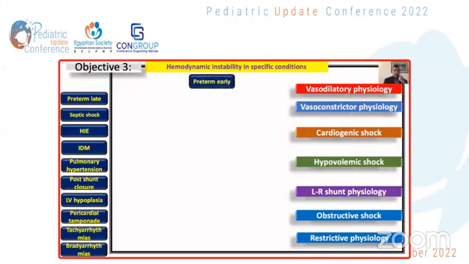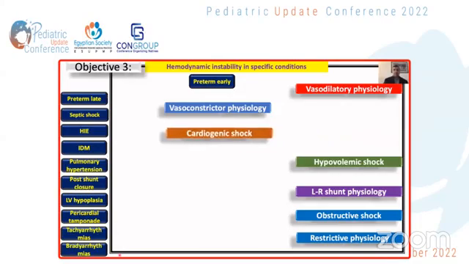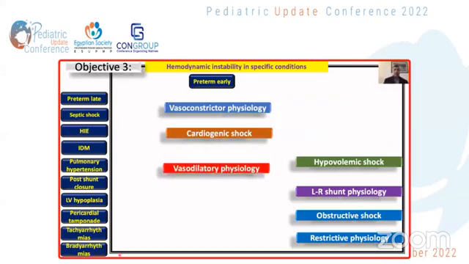So in a preterm infant, early after birth, during early postnatal transition, we may have vasoconstrictor physiology, due to a sudden increase in the systemic vascular resistance after birth, and the heart of a premature infant might not tolerate that. Cardiogenic shock might also happen. Vasodilatory shock might happen as well. So each one of them should be treated differently with different hemodynamic support.